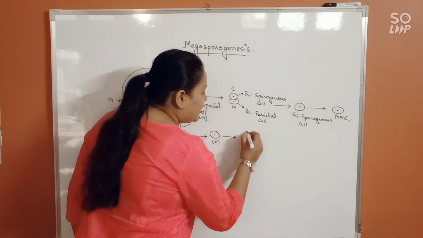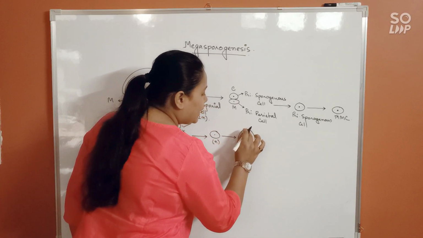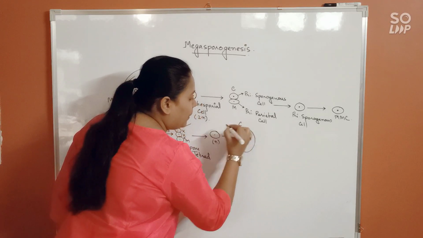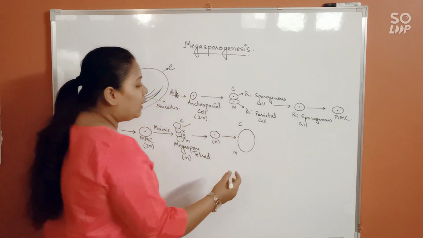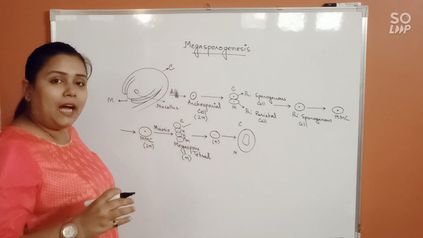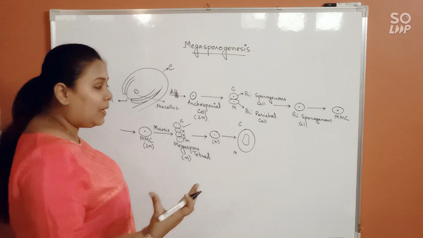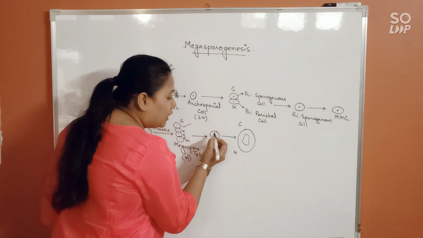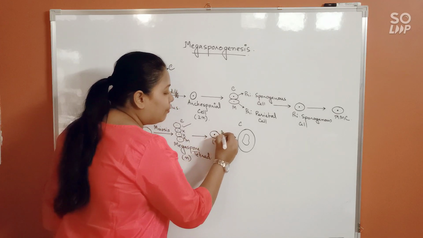First of all, this cell will undergo expansion. It will expand. Micropylar end, chalazal end. It will expand. Why? Due to vacuole formation. But by the time a centrally located vacuole is being formed so that the cell is expanding, do remember this: the haploid nucleus will undergo one round of mitosis also.